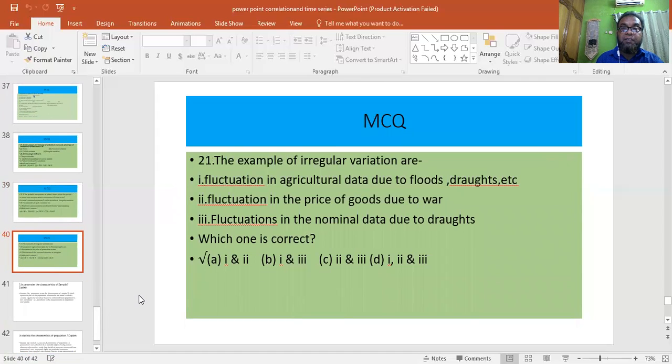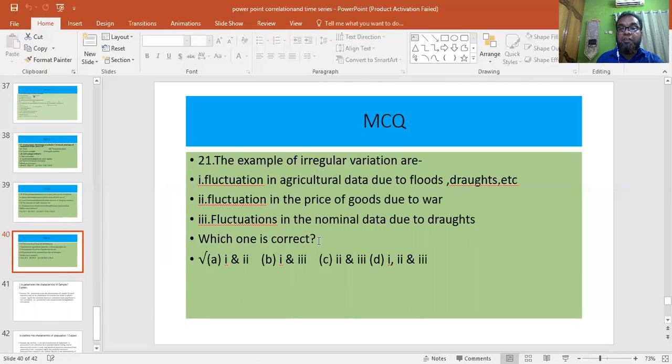Number 21. The example of irregular variation are fluctuation in agricultural data due to floods, droughts, etc. Fluctuation in the price of goods due to the war. Yes, it is irregular. Fluctuation in the nominal data due to drought. No, nominal data is name.